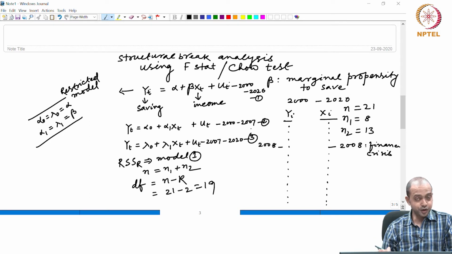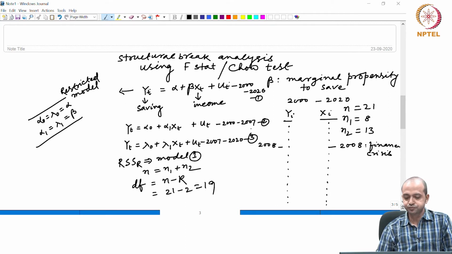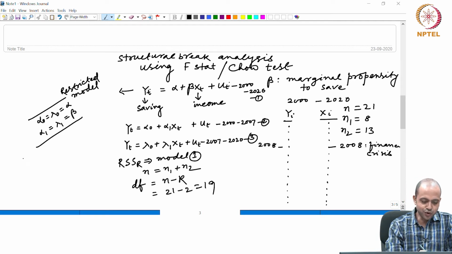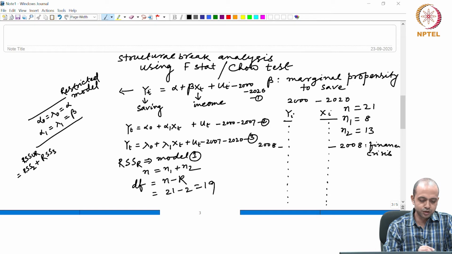Since these two time periods are independent, please keep in mind what we are assuming. We are assuming that these two time periods are independent, and as a result we will get RSS UR from RSS from model 2 plus RSS from model 3.